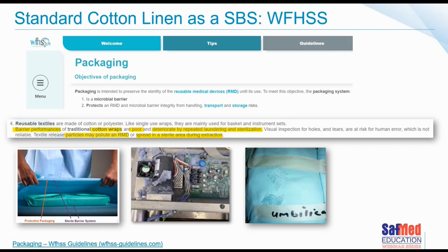And in there, you'll see the point that reusable textiles, the barrier performance of traditional cotton wraps is poor and degrades every time we wash it and every time we sterilize it, that we need to inspect it visually for holes and tears, and of course there's a high risk of human error. Textile particles may pollute both the CSST environment and the sterile areas.